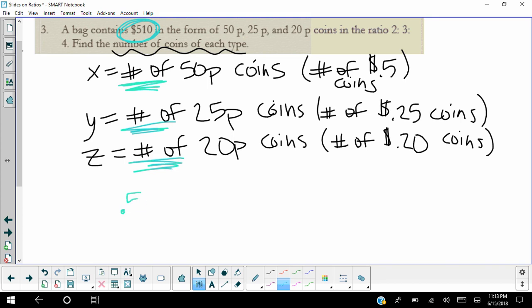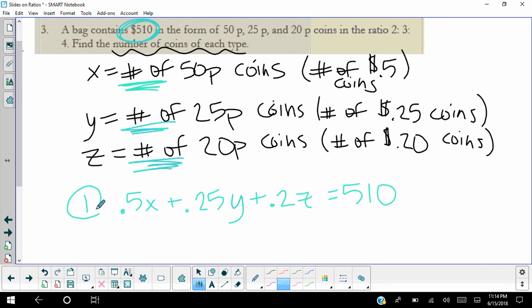So 0.5 times X plus the number of 25-cent coins times 25 cents, so 0.25 times Y, plus the number of 20-cent coins times 20 cents, so 0.2 times Z. And that is going to total $510. This is our dollar equation.